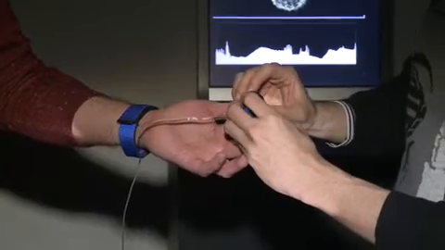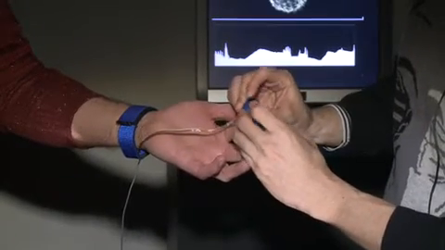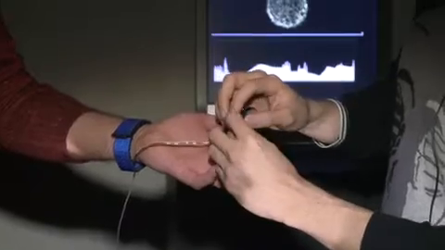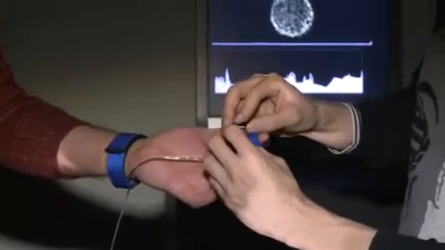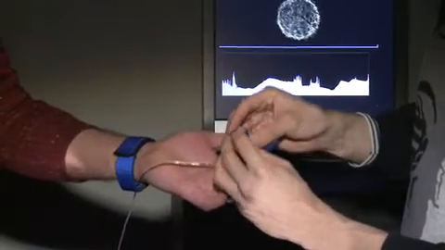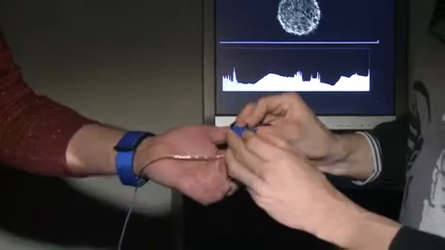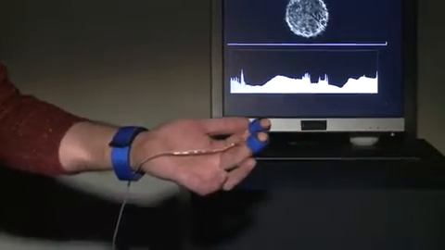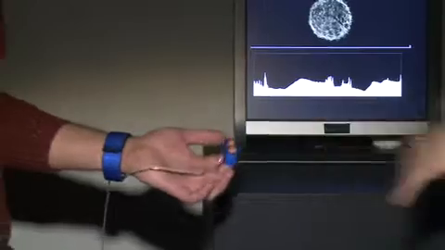So it tells me if you are relaxed or excited. It's like a reflection of the nervous system. It's pretty much like a lie detector, something similar.